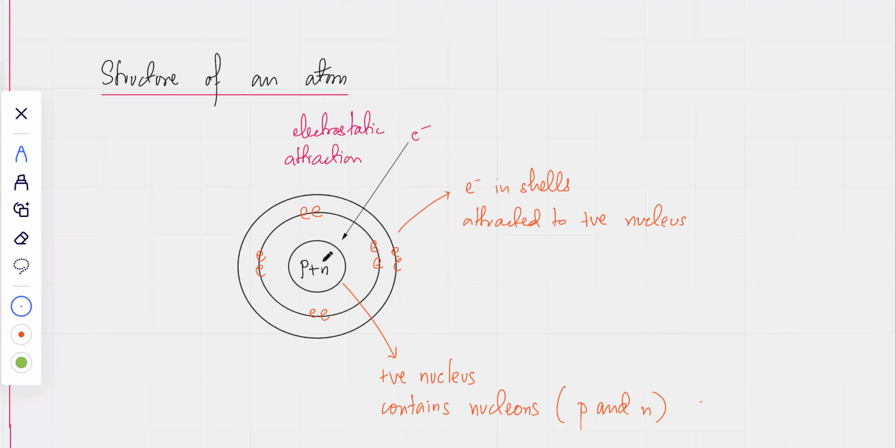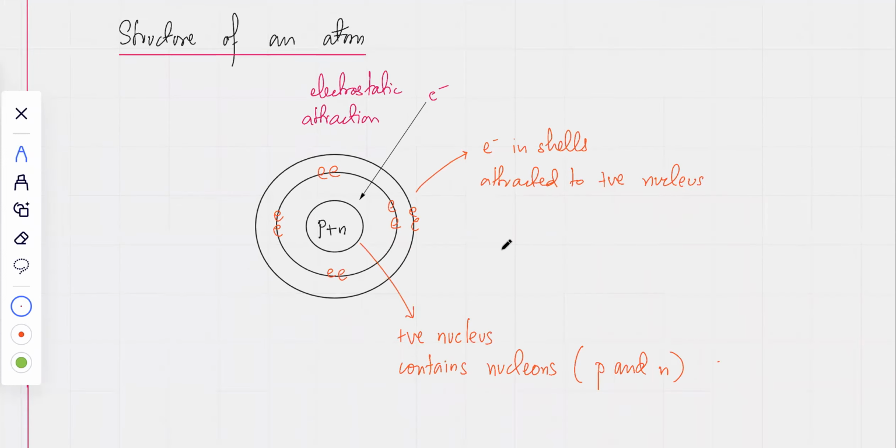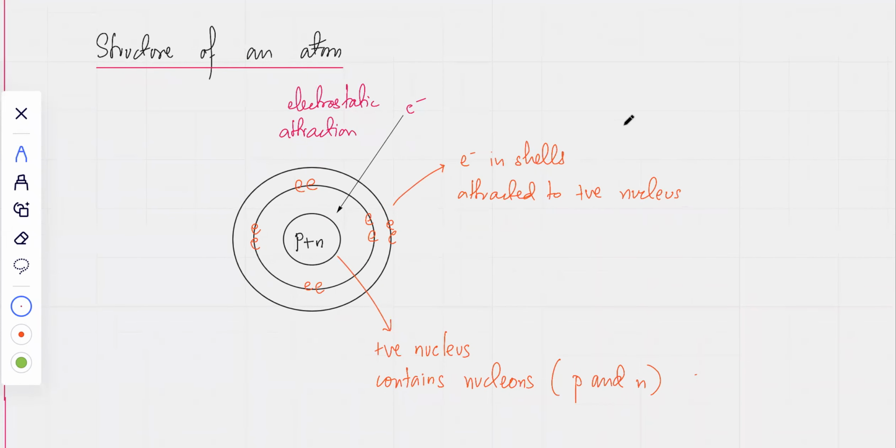So this is the center, the positive nucleus. That's a very well defined center, and this bunch of electrons are getting attracted to this positive nucleus. Okay, is this clear? Very basic. Clear for everyone? Yes, sir. Okay. Now that's what an atom is.